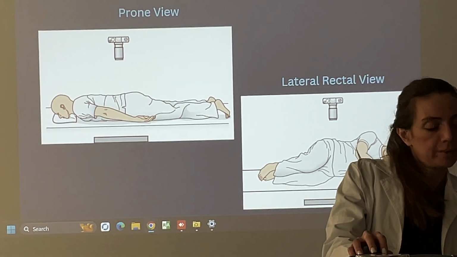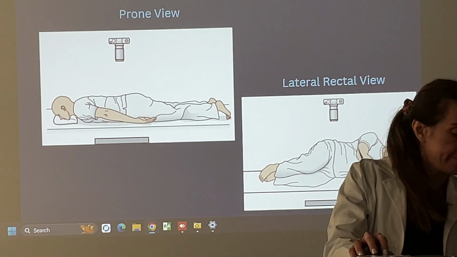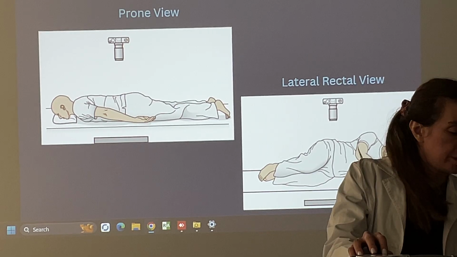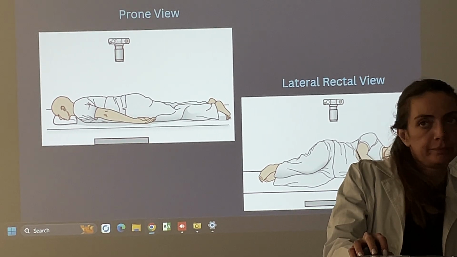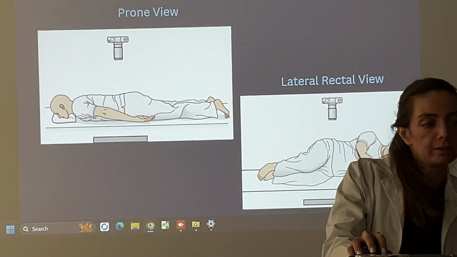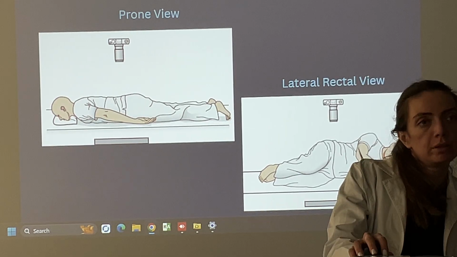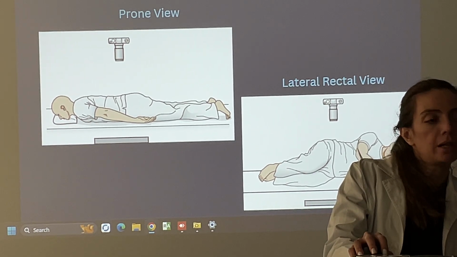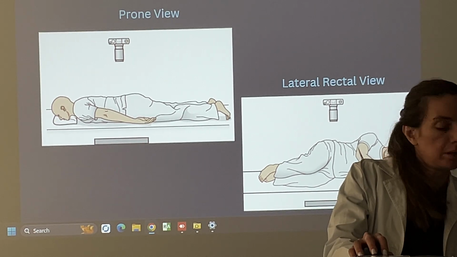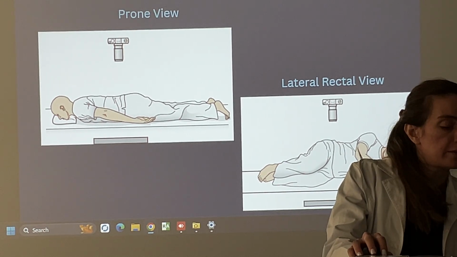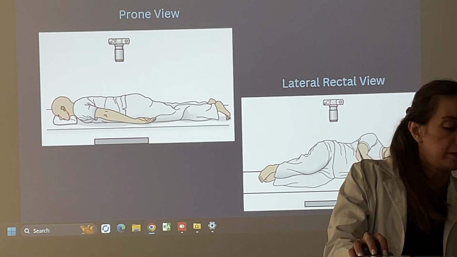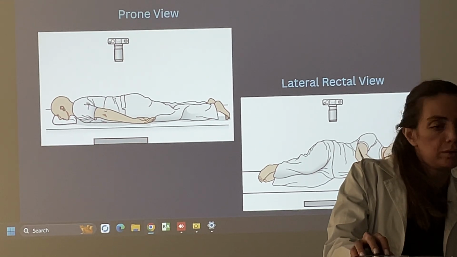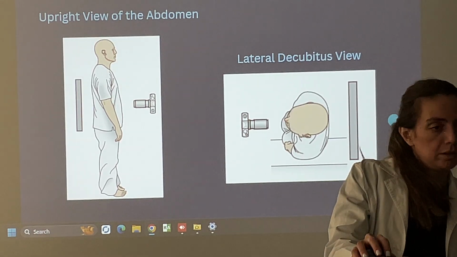Extraluminal air. Why? Because of perforation of the bowel or stomach. With a perforation, the air goes outside of the lumen, and it will appear in the abdominal cavity as free extraluminal air.